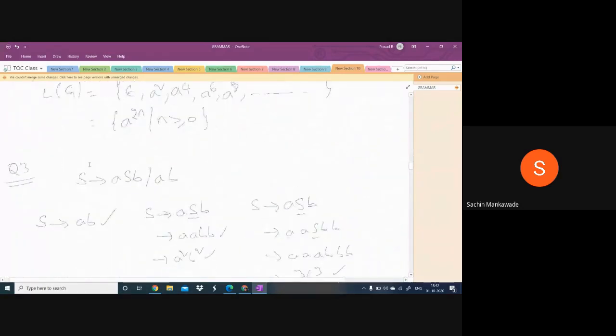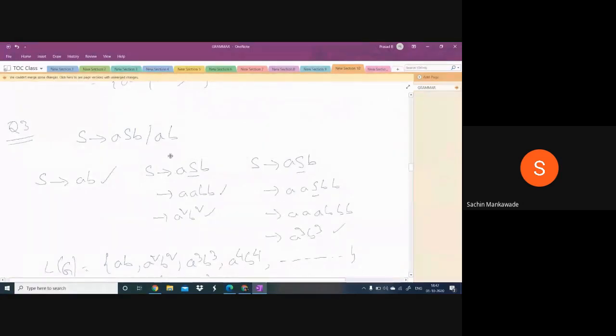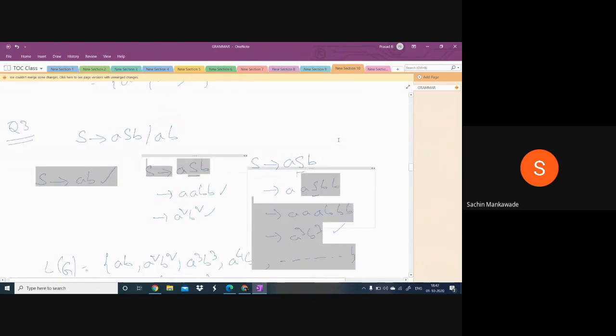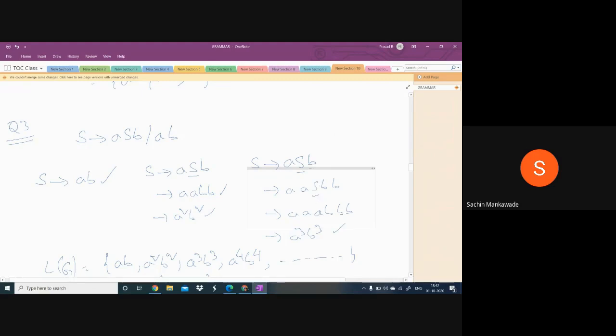ASB and AB. These are the productions. So every time you have to go for the smallest one, that is AB. Okay, and take ASB, this one. In S place, substitute AB, this one. Then what will you get? A square B square. Similarly, S there is ASB. Then in this S place, again ASB. Now S place AB.